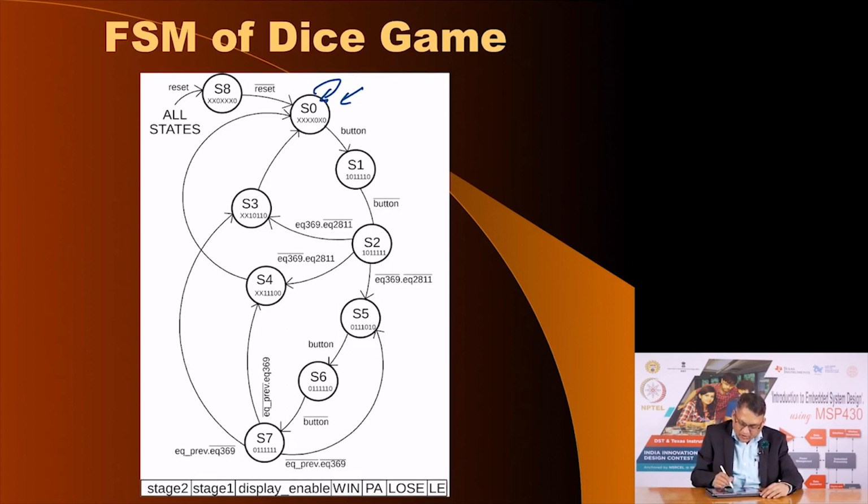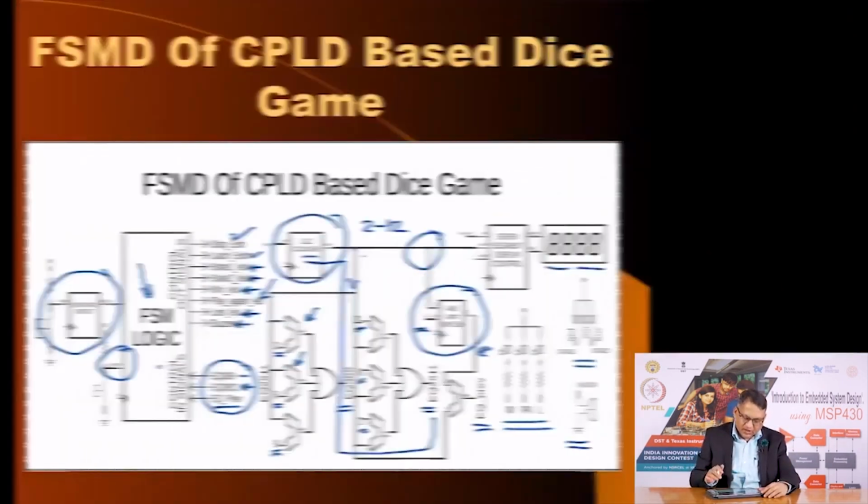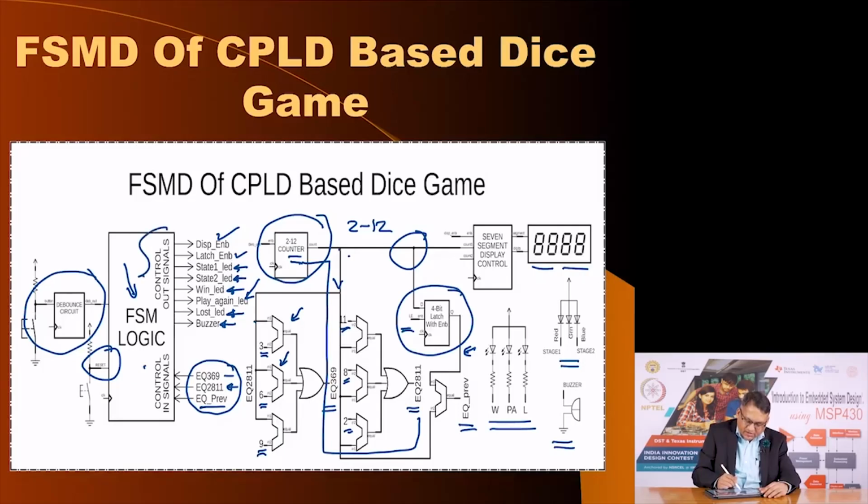In S1 now, in each of these states certain outputs are being produced, and I will show you the next slide where we have made a list of these outputs, and we know these outputs. What are these outputs? These outputs are these various values, which consist of signals which are control signals to the data path, and 3 global signals which are win, play and lose, and 2 more global signals which indicate whether you are in stage 1 or stage 2.